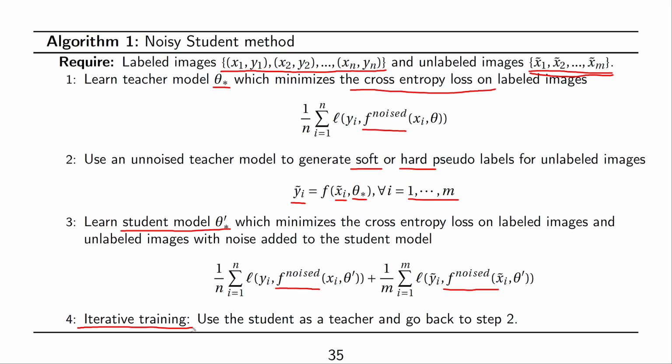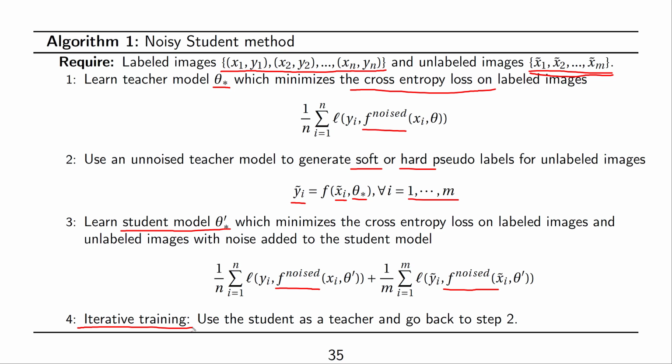Finally, we have iterative training. Now we have a student model that becomes the teacher model, and we go back to step 2. This now trained student model, that is the new teacher model, can again predict soft or hard pseudo-labels on the dataset of unlabeled images. So we get refined pseudo-labels, and then we can iterate.